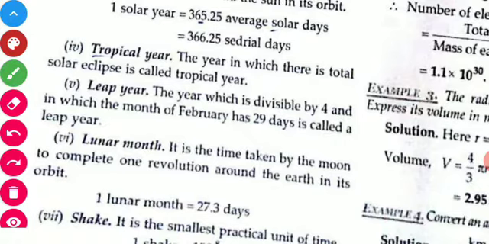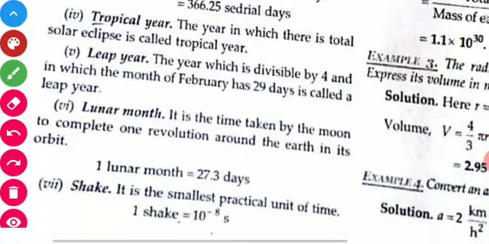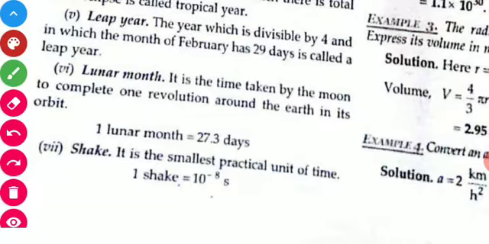In a leap year there is one extra day in the month of February, meaning February has 29 days. The lunar month is the time taken by the Moon to complete one revolution around the Earth in its orbit. One lunar month is 27.3 days.